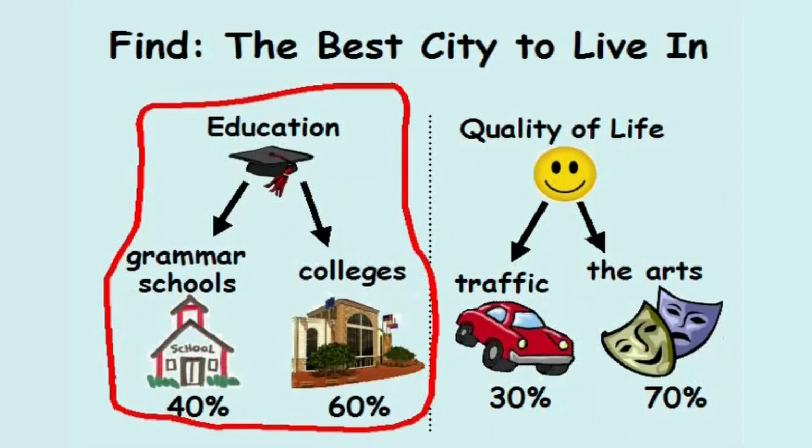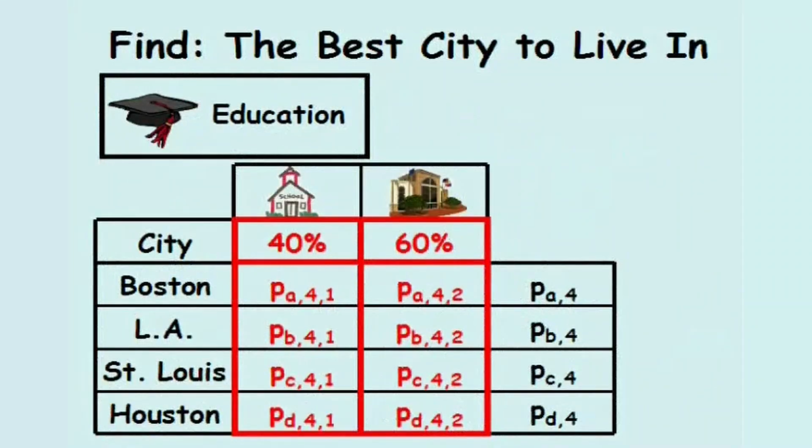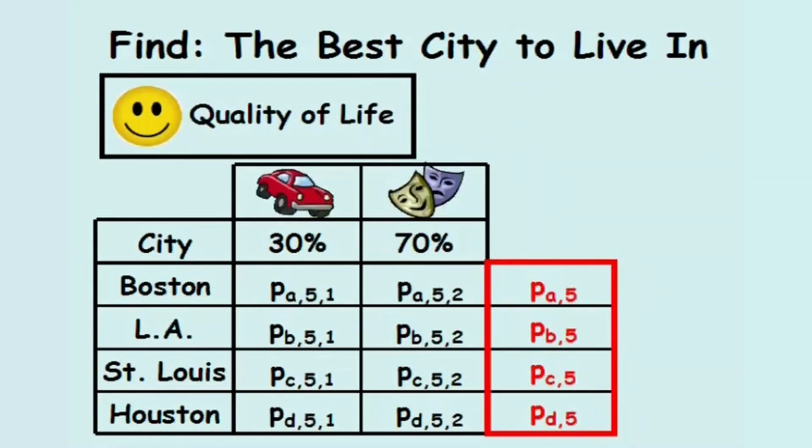The composite relative priorities for education will be 40% of the weight vector for grammar schools and 60% of the weight vector for colleges, and the weighted averages will be used in the alternatives comparison table. Similarly, the relative priorities for the quality of life criterion will be a weighted average between 30% traffic and 70% the arts.